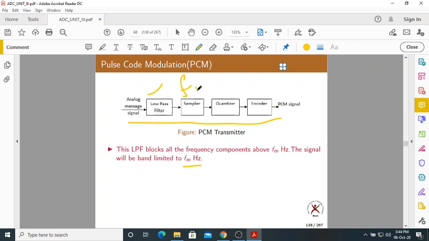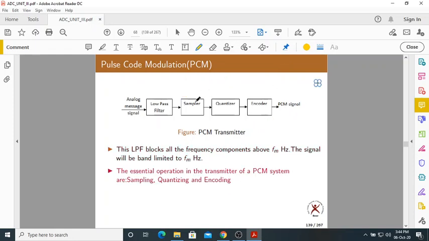This low pass filter, also called the anti-aliasing filter, will remove any frequencies beyond fm. After this low pass filter our signal becomes a band limited signal, which means the signal at the output will not contain any frequencies greater than fm.